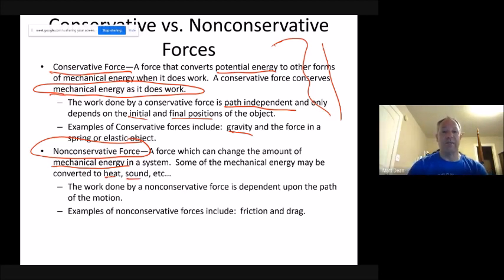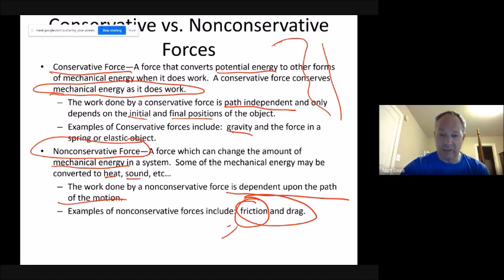So the work done by a non-conservative force is dependent upon the path. That's important. The major non-conservative forces we're going to work with in this course are friction and drag, mostly friction. So if you see friction in a problem, realize that it's a non-conservative force and it can change the amount of mechanical energy, potential and kinetic energy, in your system.